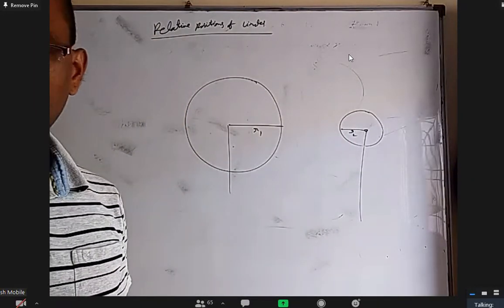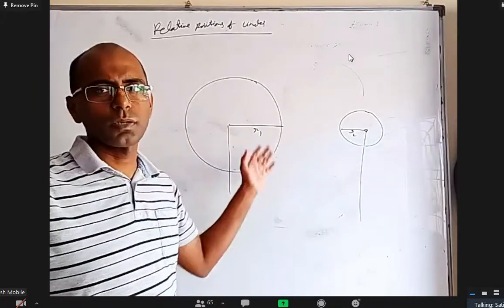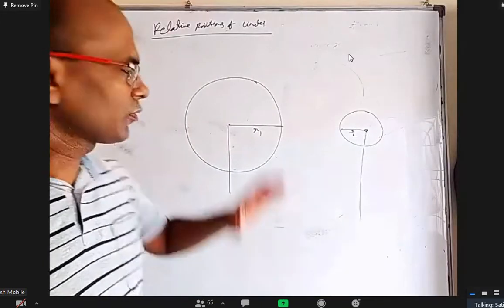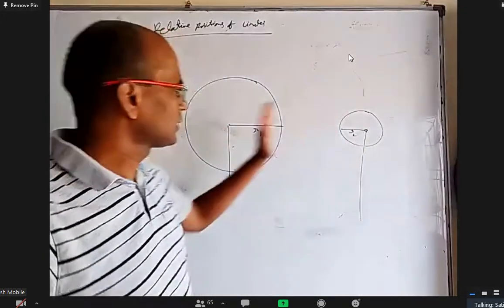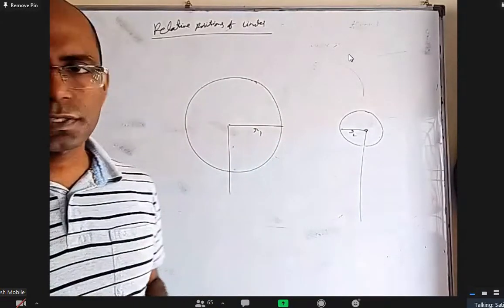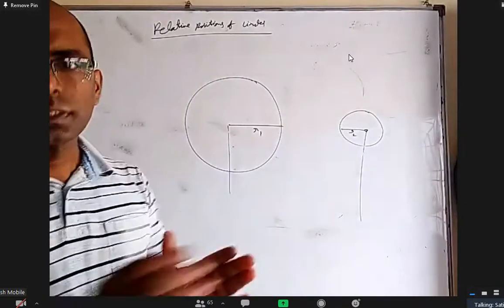Yes, because we have R1 here, R2 here, and some extra part. Whenever two circles' equations are given, you can find this center, this radius, and this radius, and based on the centers, you can find the distance between the centers. If the distance between the centers is much more than R1 plus R2, they are exterior to each other.